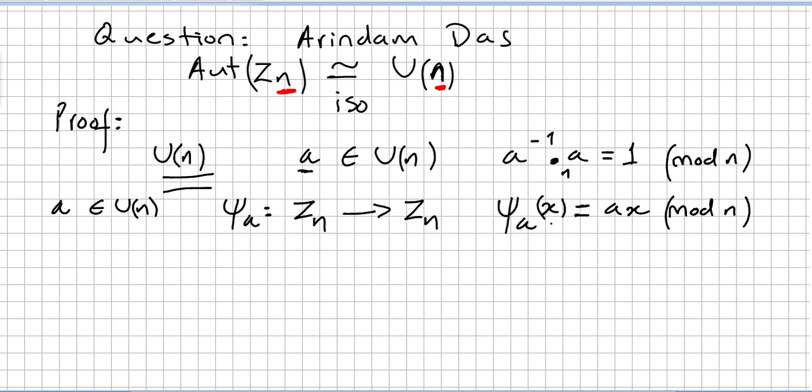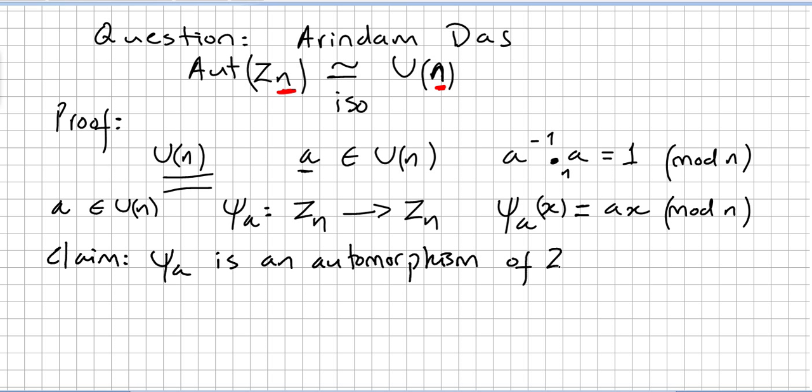I claim that psi of a is an automorphism of Zn for all elements in the group of units.